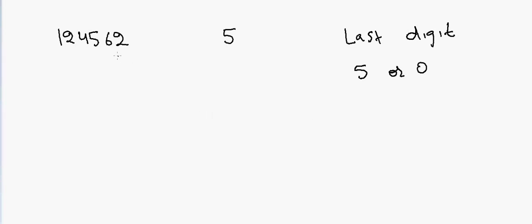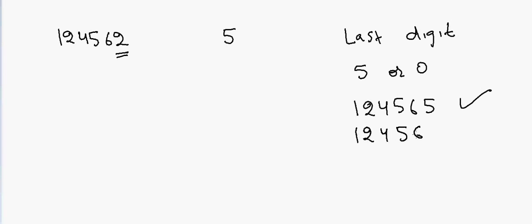In this case it's not, so it is not divisible by 5. If I would have 124565, or 124560, then it would be, but not in this case. So we know this now.